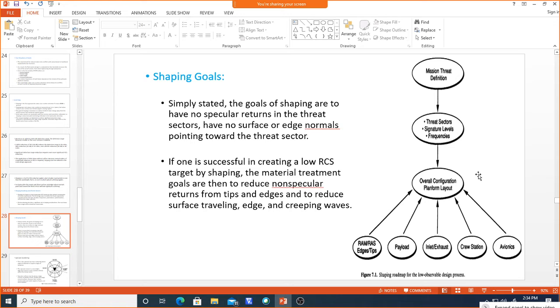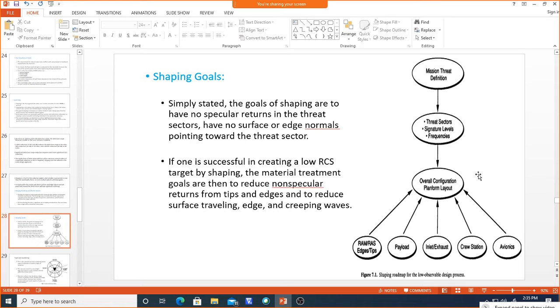So specular returns means, as I said, the scattering that comes from the threat regions, or the backscatter or scattering energy which comes from the threat region. That should not be there for the system where we use shaping. Okay, and have no surface or edge normals pointing towards the threat sector, because if any surface or edge in the threat sector is there, definitely that will return the maximum energy and it can be detected.